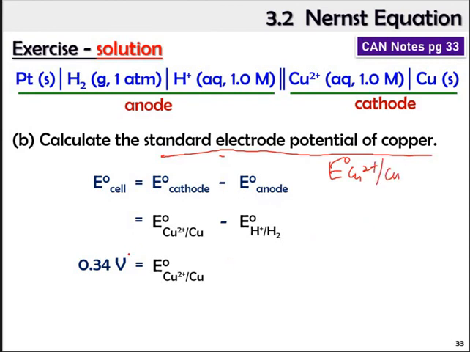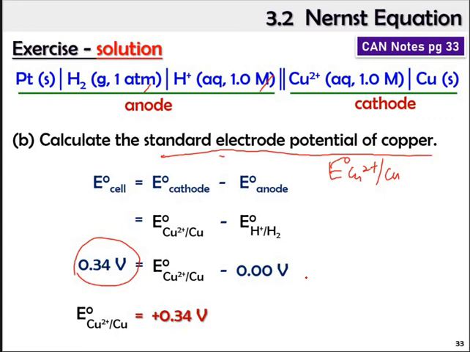Okay, so we know that the cell potential adalah 0.34, iaitu E naught cell. Kenapa kita tahu E naught cell yang dibagi? Sebab dibagi semua dalam keadaan standard. Okay, 1 molar, 1 atm. So kita tahu dia adalah for E naught cell, bukan E cell. So kita nak cari E naught copper. Okay, so for anode, dia guna hydrogen, so that means dia punya value is 0.00 volts. So E naught copper is equal to positive 0.34.